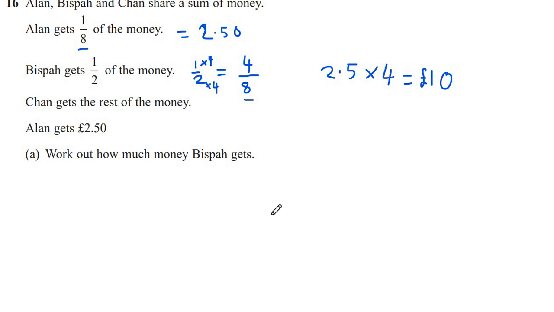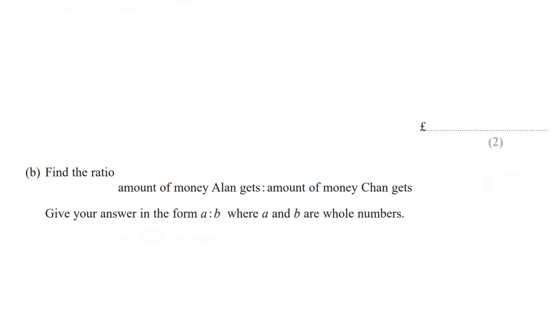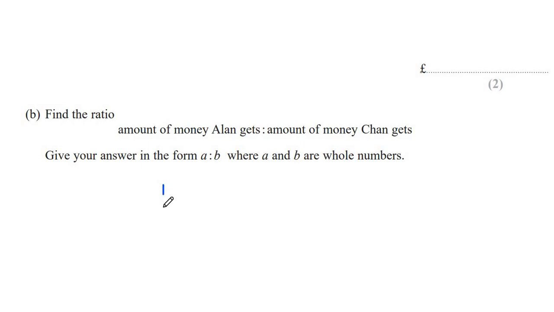So it looks like Alan gets 1/8, Bispa gets 4/8. So the remaining fraction, 1/8 and then 4/8, is equal to 5/8. So Chan must have received 3/8 of the money.